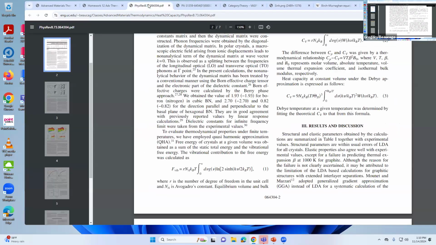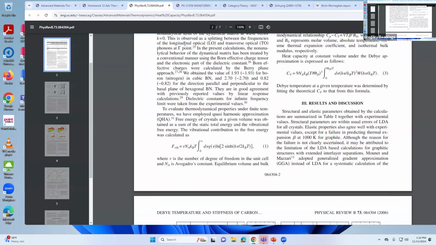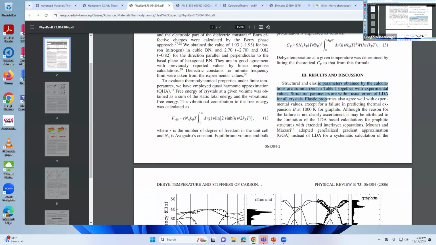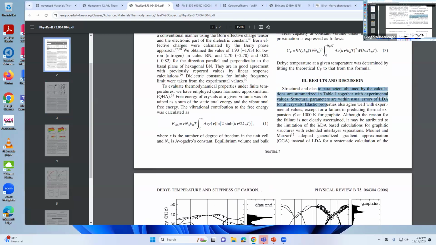Let's see what else is here. No, he does that, and he gets the modulus too in here. So this paper kind of has everything in it, and it's got a little story, so it's nice, I guess. I always forget what he uses these acronyms for. So LDA.